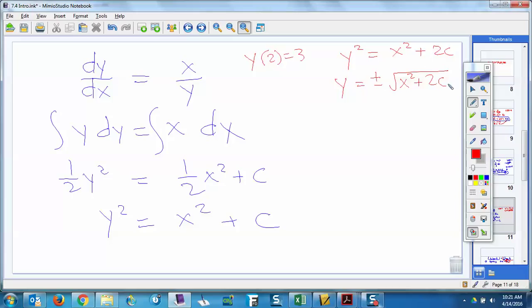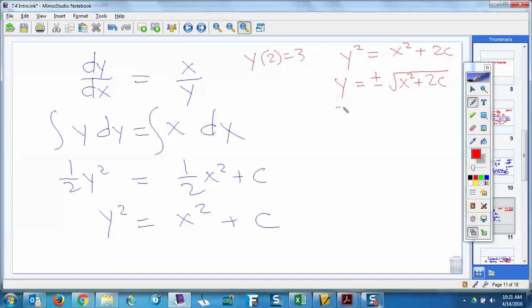We had different branches of it. What depended on our initial condition? Well, what we have here is both a positive and a negative branch for the y. Well, what initial condition did they give me? Positive or negative? Positive. That tells me I want the positive of those, right? I don't want to put a plus or minus on there now since they gave me that.